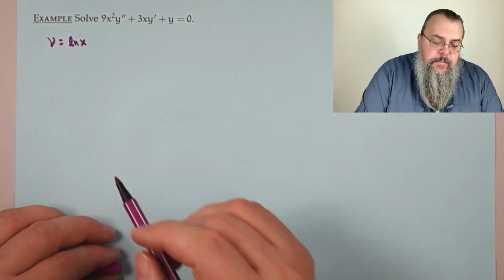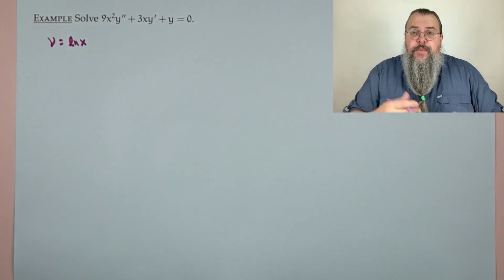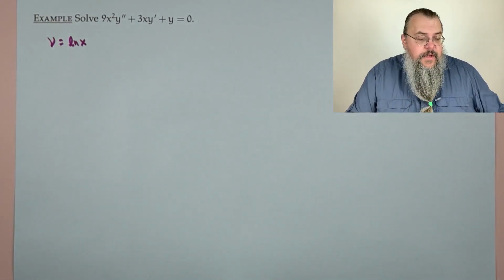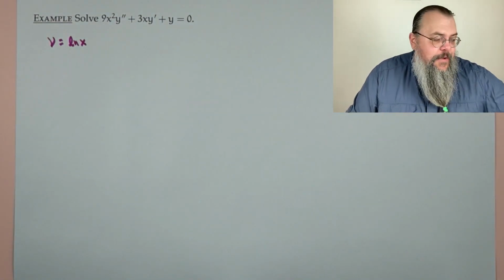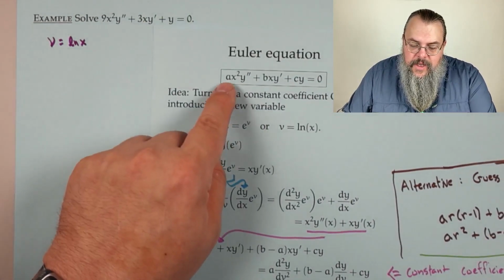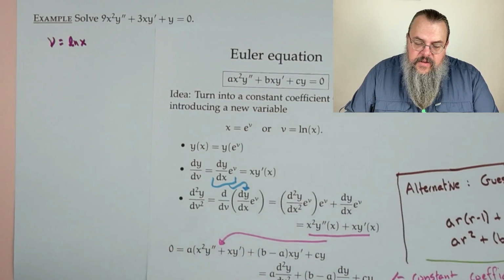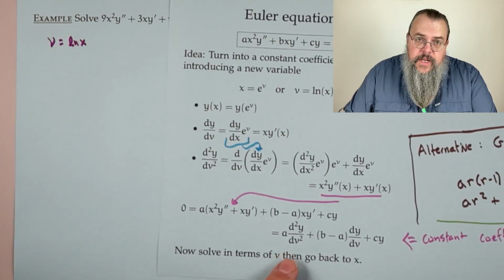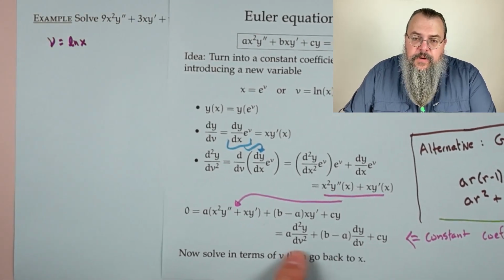And what happens? Let's suppose we remember the formula. We shouldn't have a hard time; we just wrote it down. We turn a, b, c in the Euler equation into this equation down here.